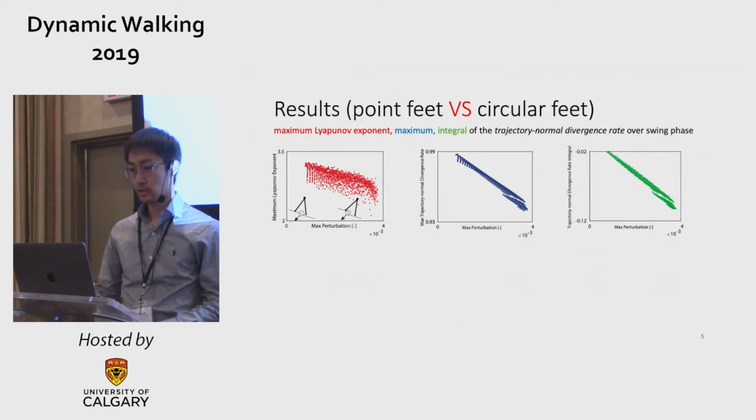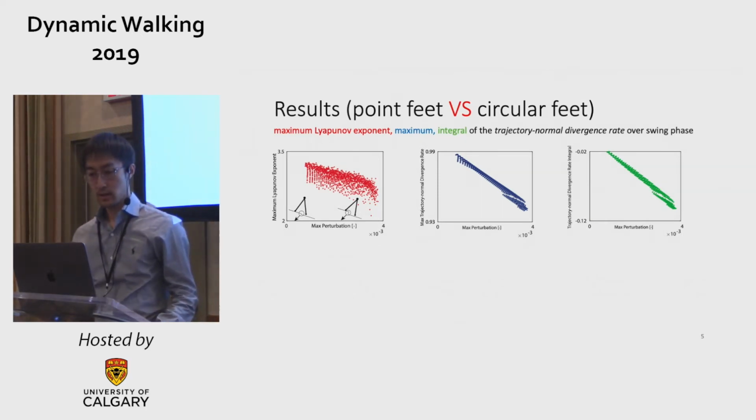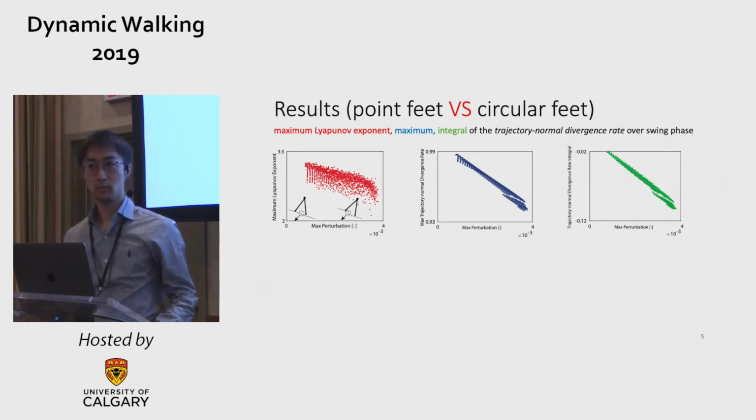So the question is, does this correlation also hold for a different phase space representation? We also write the dynamics of the system using Euler-Lagrange form rather than the Hamiltonian canonical form, and found that the first and third plots are almost similar.